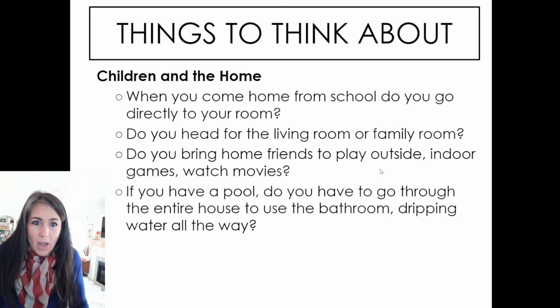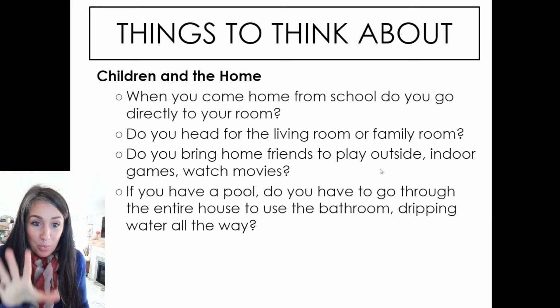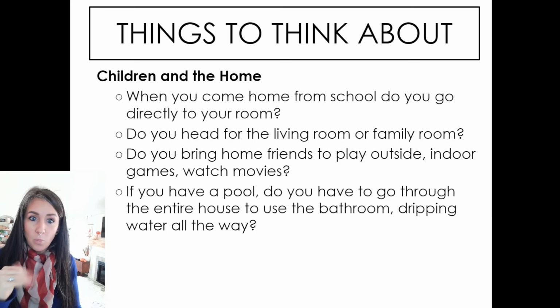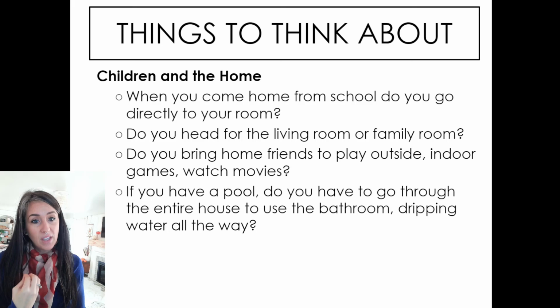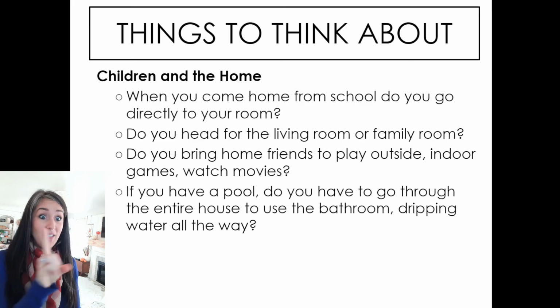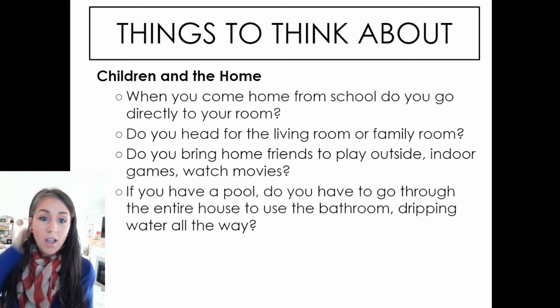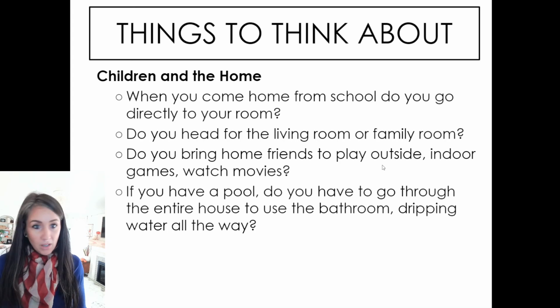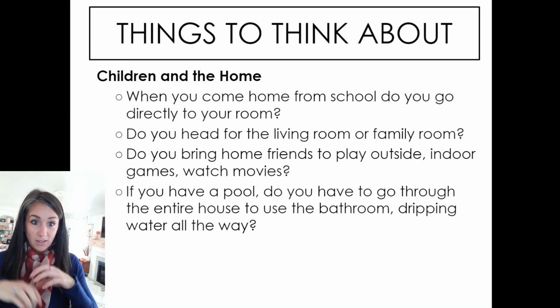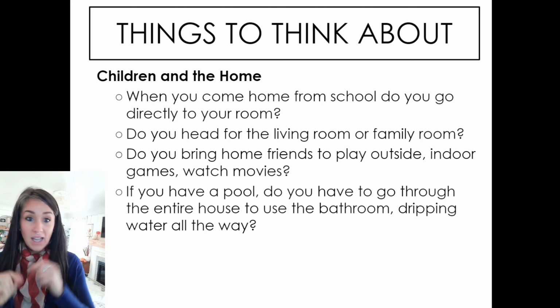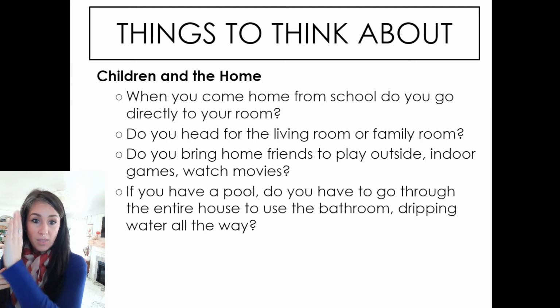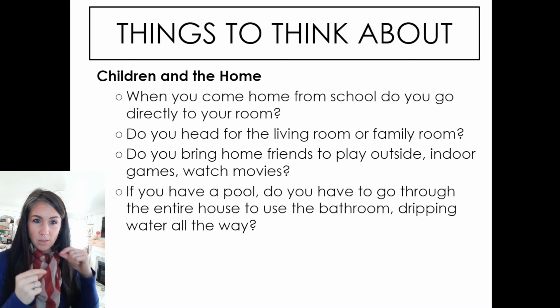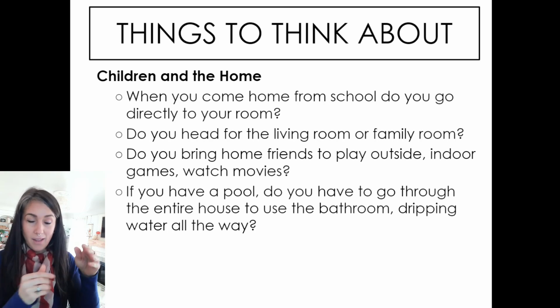We do not have a pool, but when our kids have friends over, a lot of times we'll put out the sprinkler or things like that. So I'll tell my kids and their friends they cannot come through the back door. They have to come through the garage door, because that's where the little tiny downstairs bathroom is.